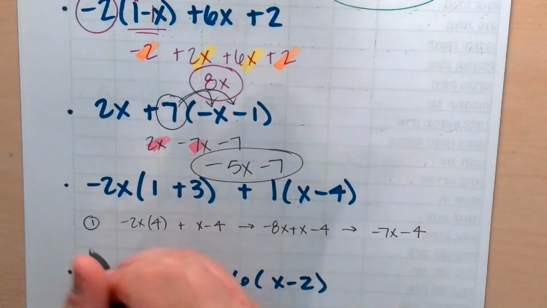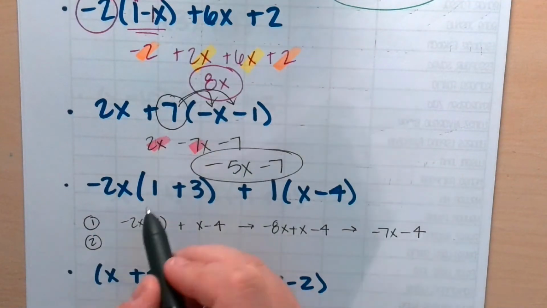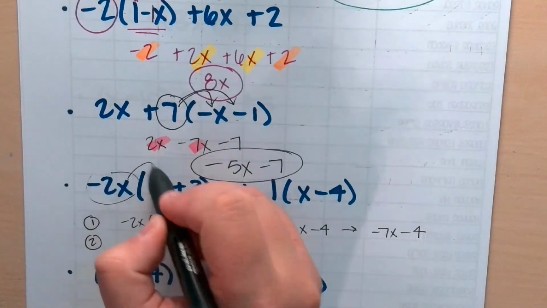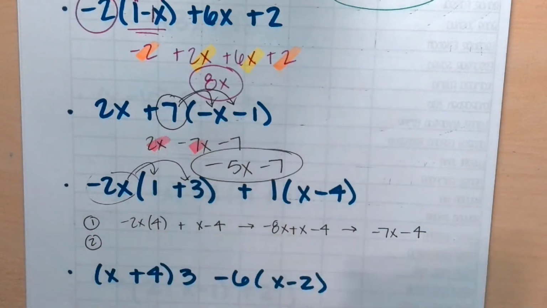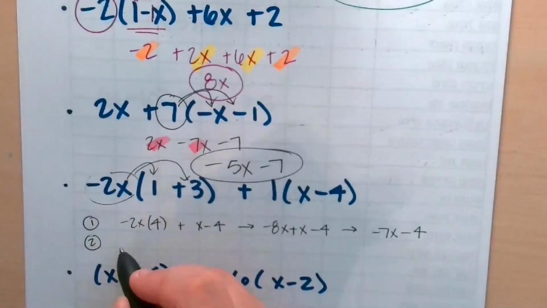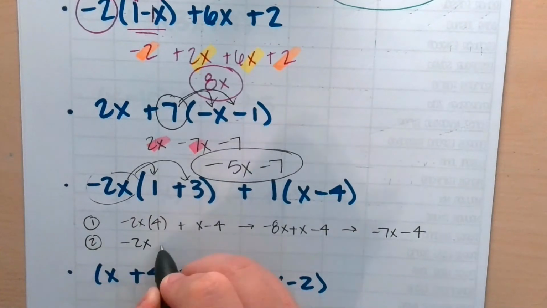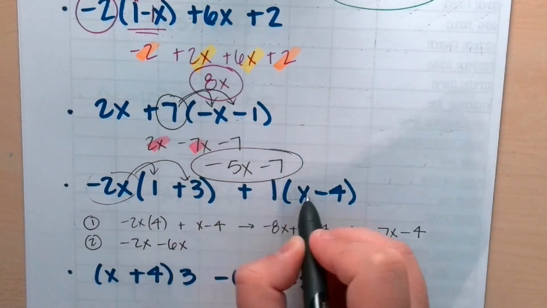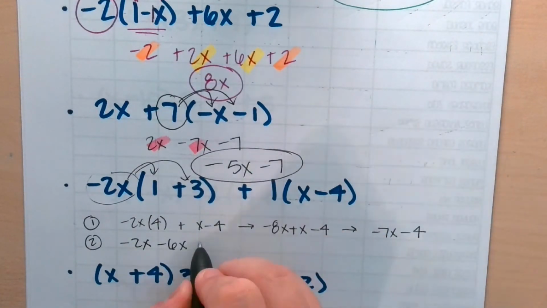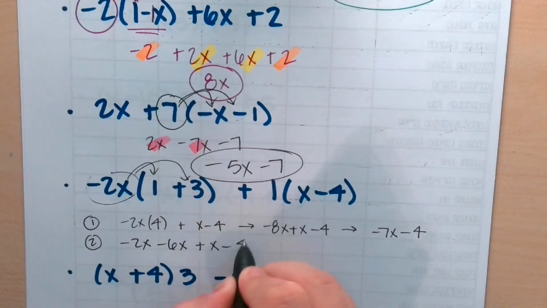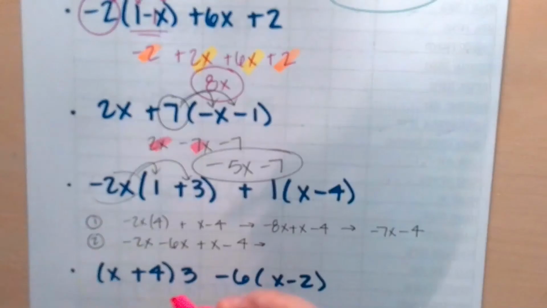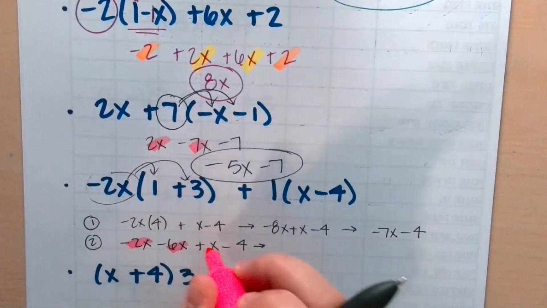Or what you can do, if you just want to distribute the 2x to everything inside of these parentheses, instead of simplifying first, that's also okay. So you can do -2x minus 6x. Same, we distribute that 1, we get plus x minus 4. We have these 3 like terms.